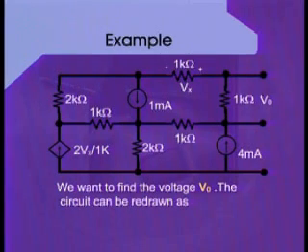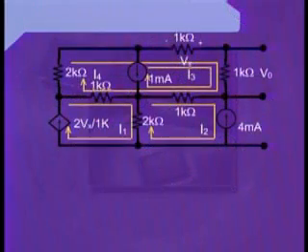To start the analysis, once again we have to define our meshes. So we define mesh number 1 as the left bottom mesh and declare that the current I1 is flowing through this mesh in the clockwise direction. Next to that, that is on the right hand side of mesh 1, we declare it as mesh number 2.